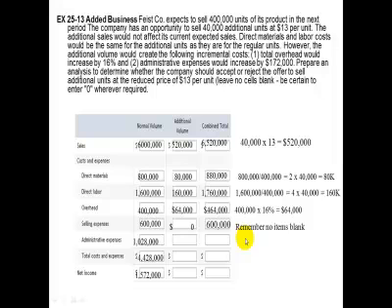Administrative expenses, it was said, would increase by $172,000, so we'll add that to the column in the center there, and the combined administrative expenses for the existing volume plus the new volume would be a total of $1,200,000.